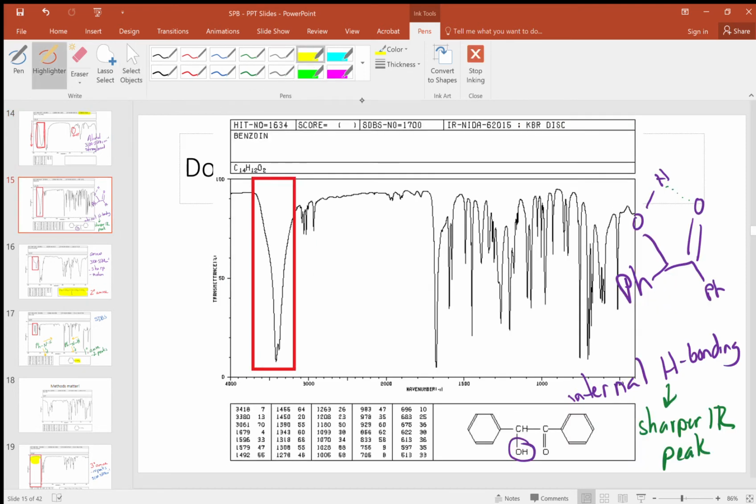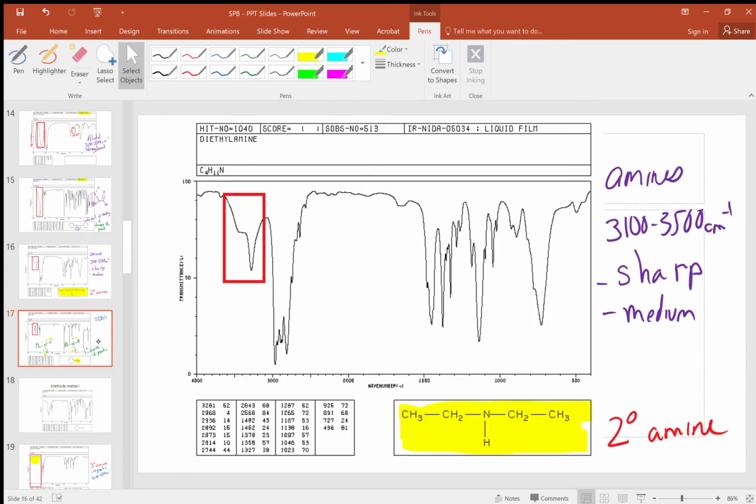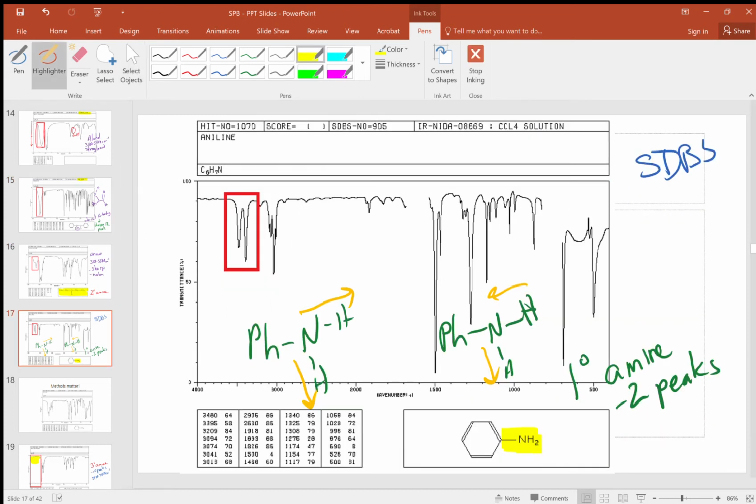The next spectrum says KBr disk. And then this most recent one says carbon tetrachloride solution. So that's 3 different ways of taking an IR spectrum. Does it matter which way we use?